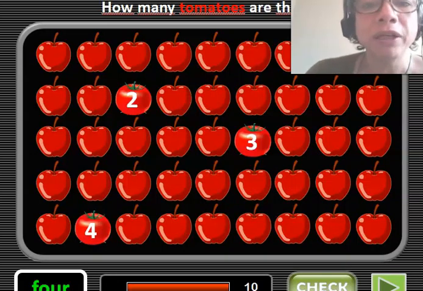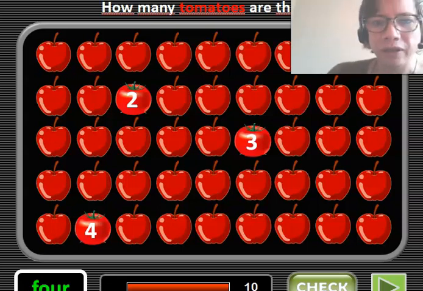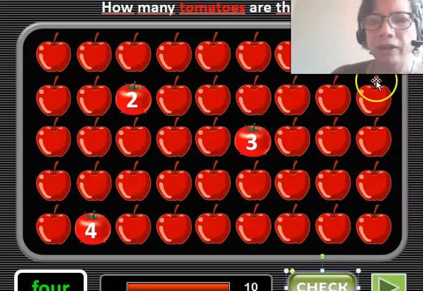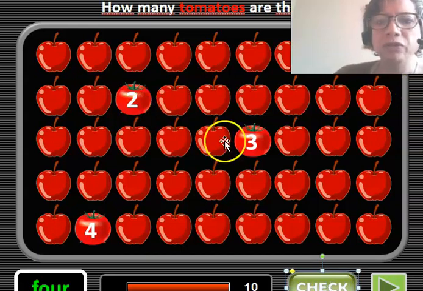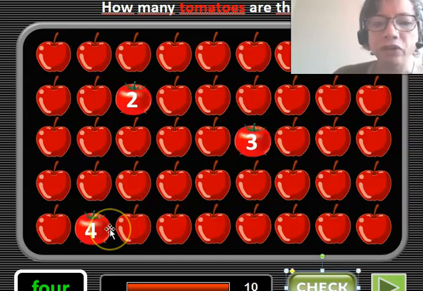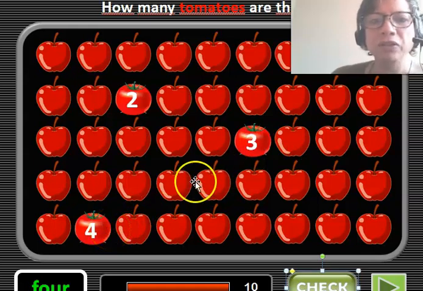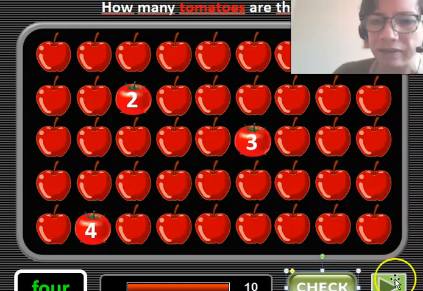To begin with, how many tomatoes are there? Okay, let's check. One tomato, 2 tomatoes, 3 tomatoes, and 4 tomatoes. Okay, because the rest of them are cherries.